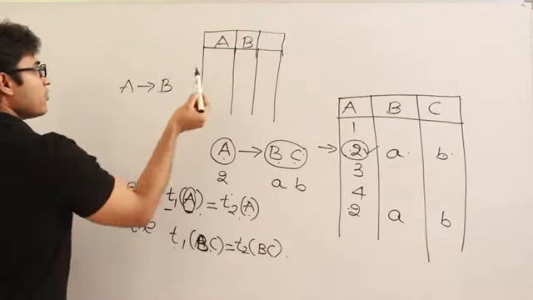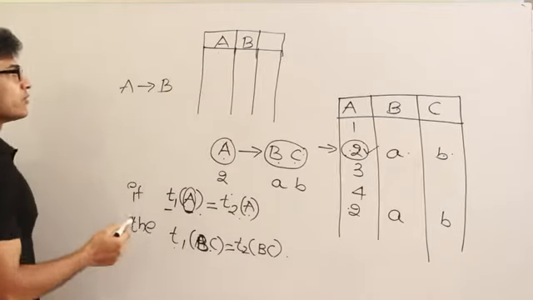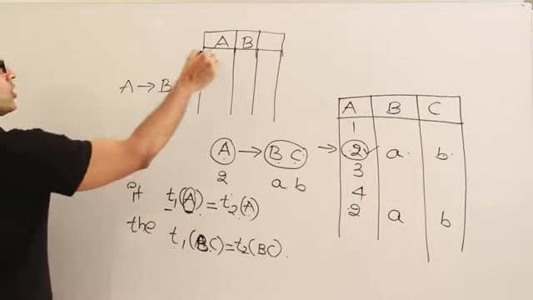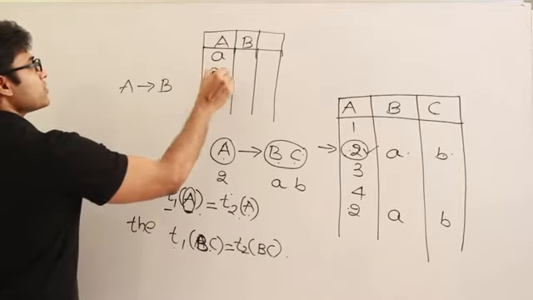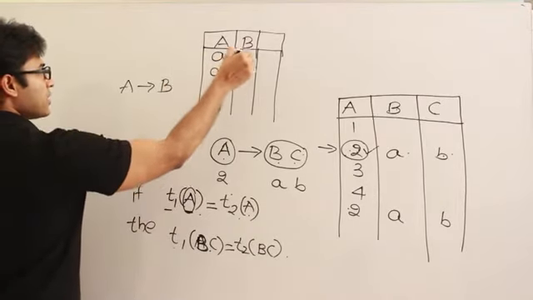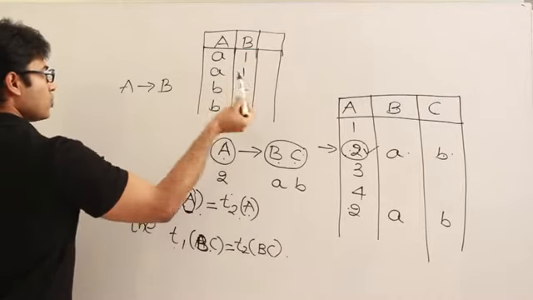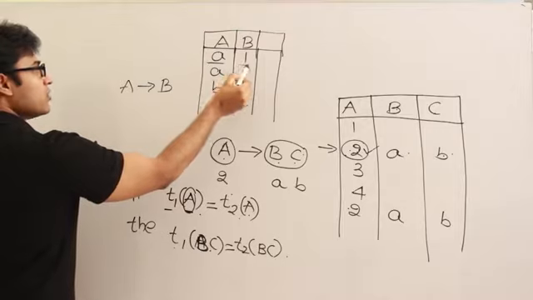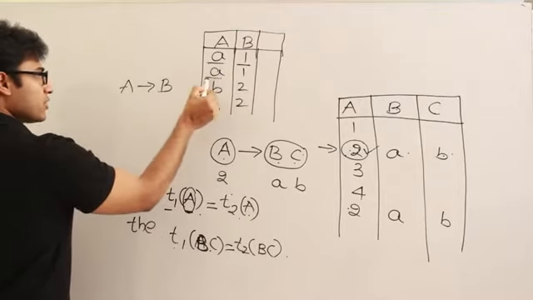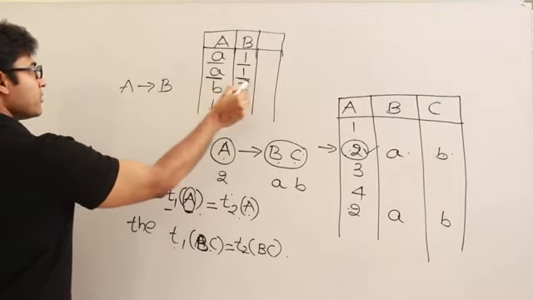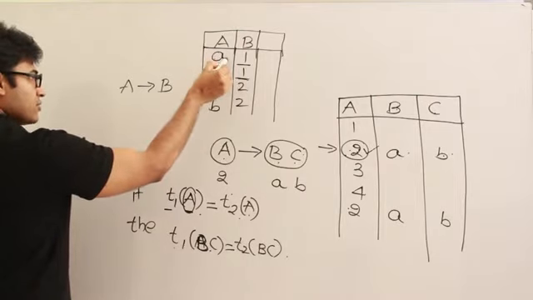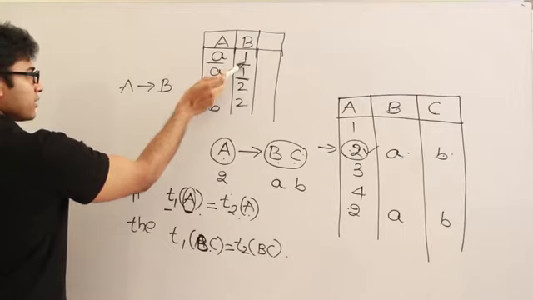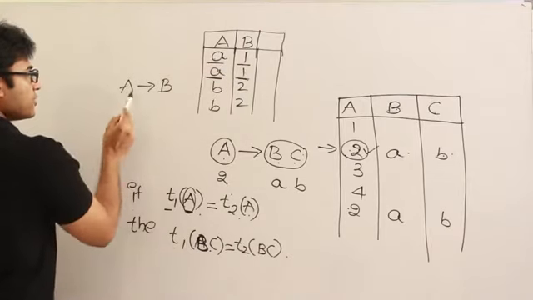The meaning of it is, whatever is the value of A, you will be able to get a unique value of B. So it can be small a, small b, 1 1 2 2, which means for every unique value of A, there will be a unique value for B. For the value of small a, if you query about the value of B, you will always get 1, either here or here. That is the meaning of it.